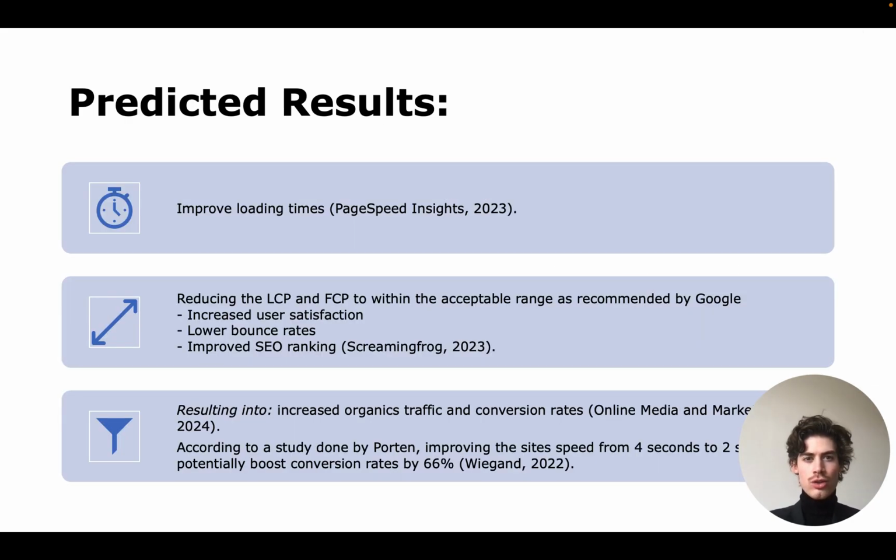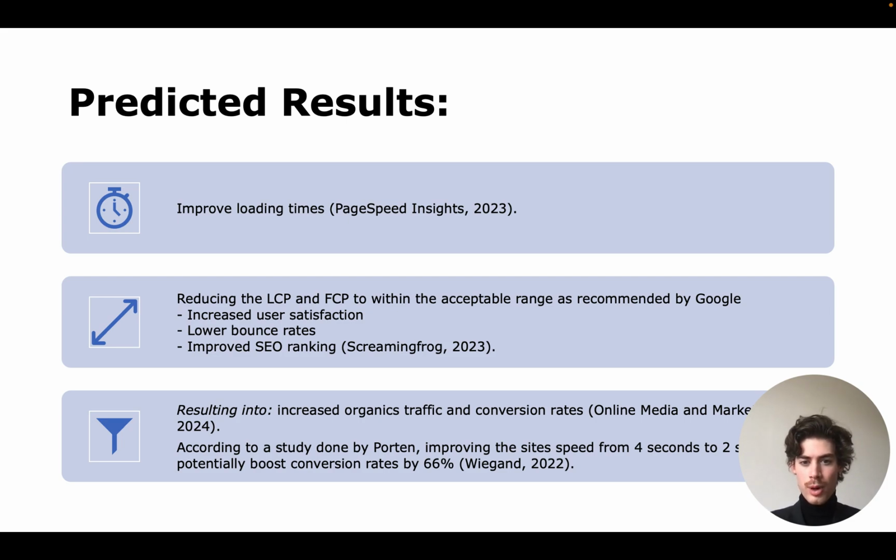The predicted results of these recommendations are expected to significantly improve the mobile loading times, reducing the LCP and FCP to within the acceptable range as recommended by Google itself. This will likely lead to increased user satisfaction, lower bounce rates, and an improved SEO ranking, which would result in increased organic traffic and conversion rates.